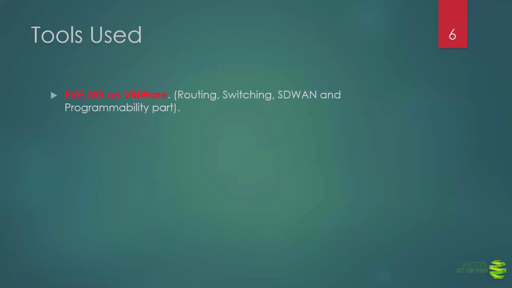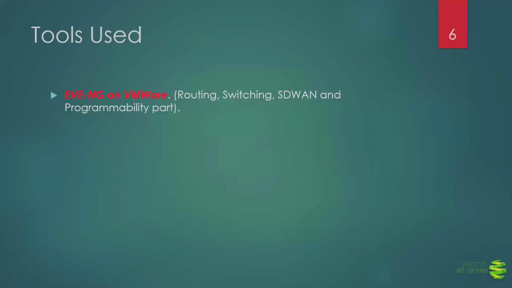It doesn't pretend to be routers or switches. There is actually an IOS image, an operating system image, in the background. So you are actually dealing with the real operating system of a router or switch. Just that the front end is not hardware; it's just software. So that's why we are using EVE-NG. But if you want to use EVE-NG on your own, it's completely free. You can go to eve-ng.net and you can download it.